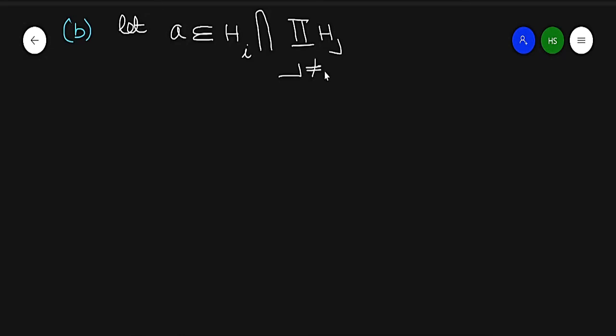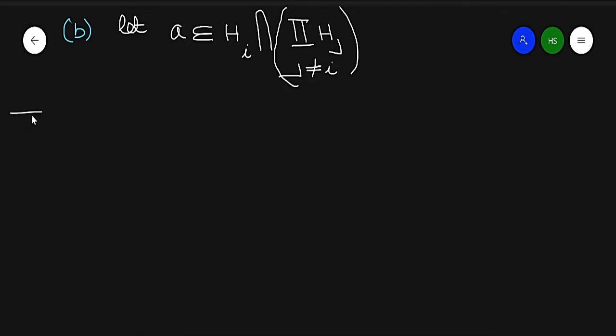So I take some element A which belongs to Hi intersection. This is a product of Hj where j is not equal to i. This product where j is not equal to i. This belongs to these values.